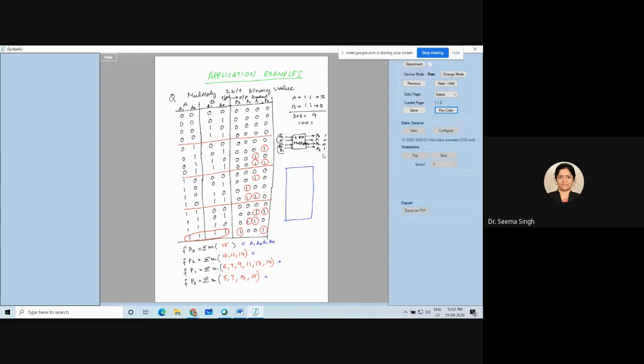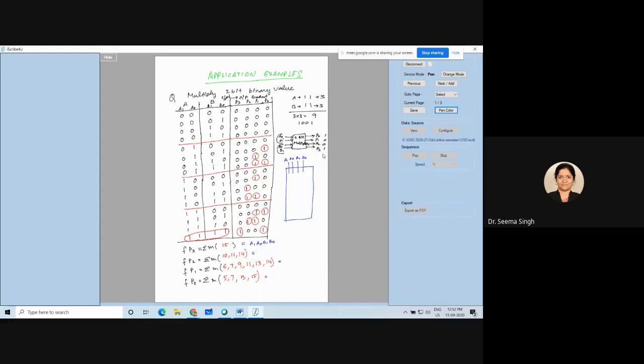Okay. So I will simply show if my A1, A0, B1 and B0 are entering here. And I will just show for P3.